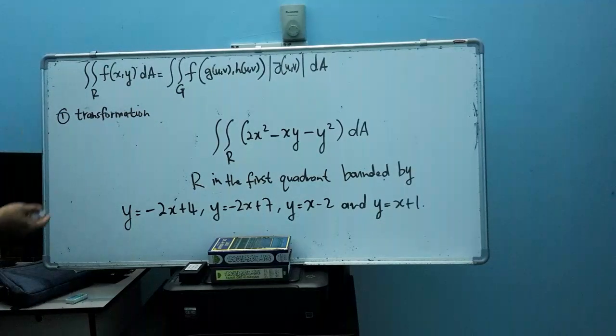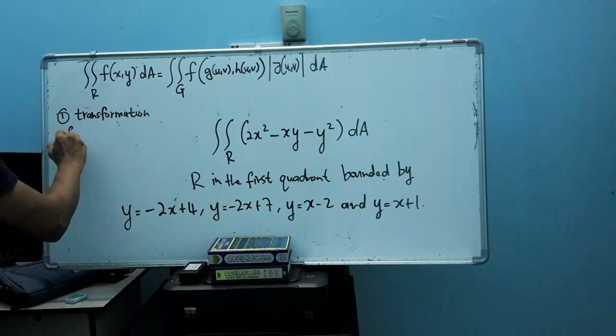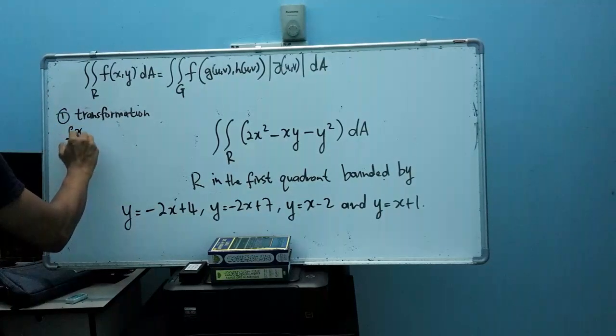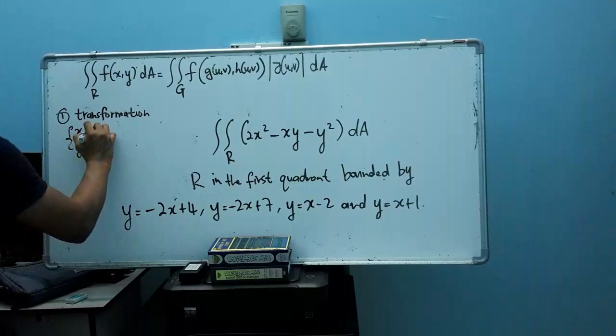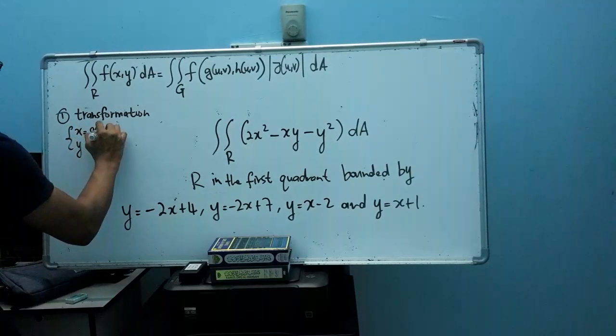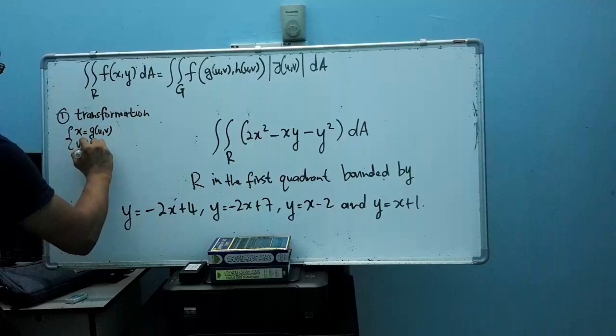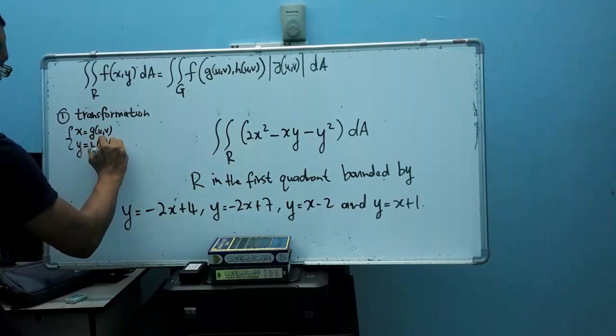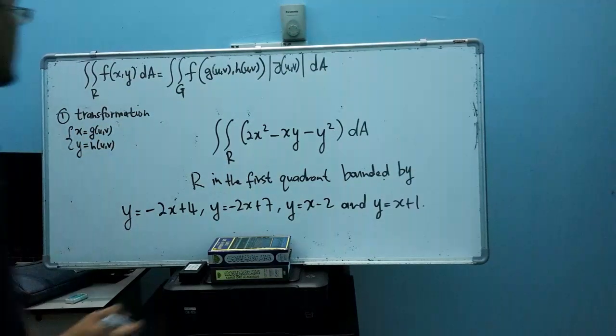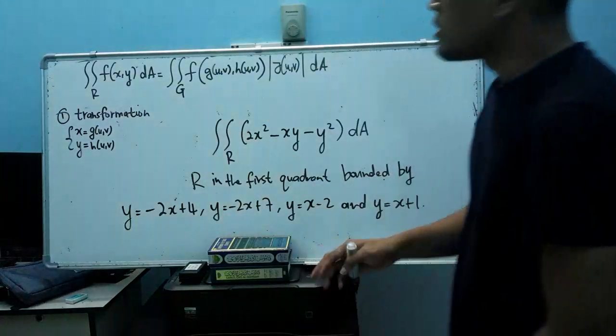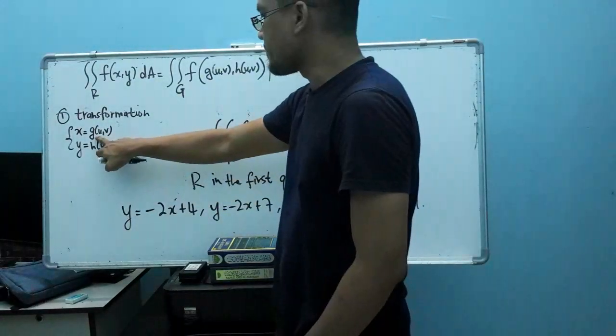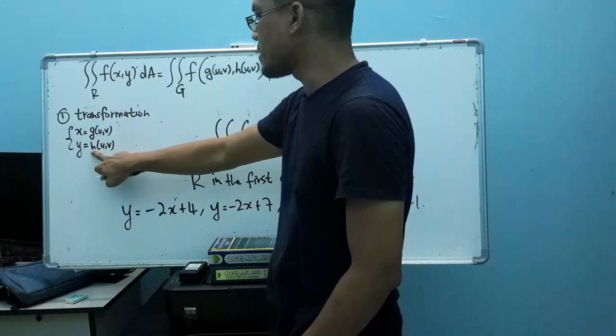It means we need to substitute our x and y. My x is some function depending on u and v, and my y is also some function depending on u and v. So I need to find what these functions are.